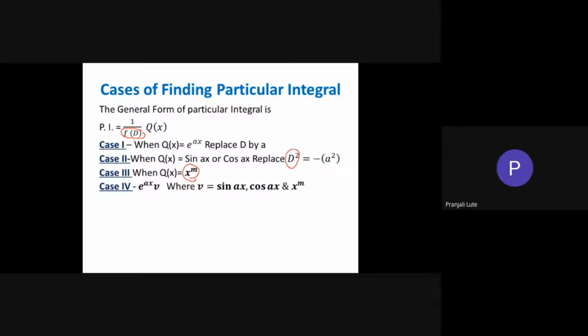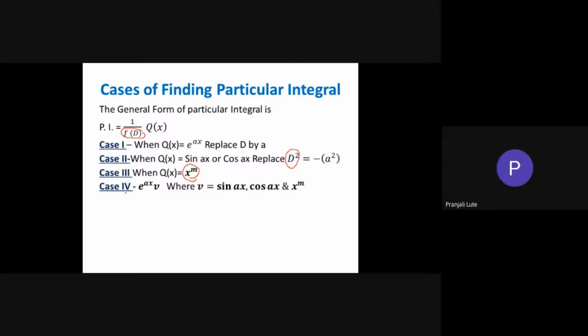Whatever denominator is available here, in that denominator we have to take the lowest degree term common and convert this term in terms of 1 plus x or 1 minus x, and we have to shift this term to the numerator. That will be 1 minus x inverse or 1 plus x inverse, and then apply the binomial expansion.